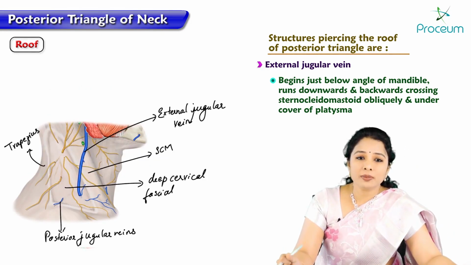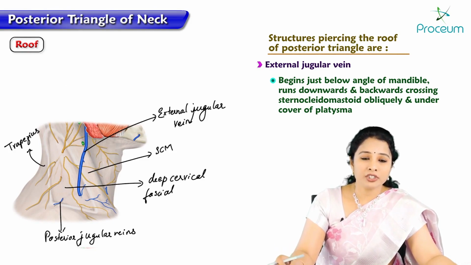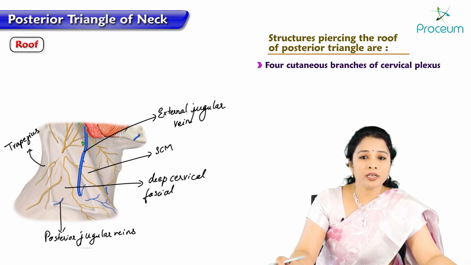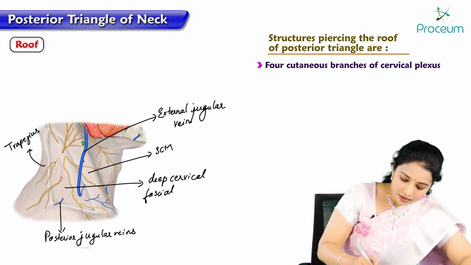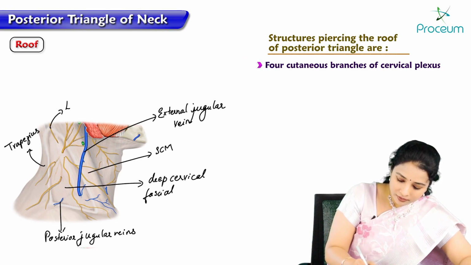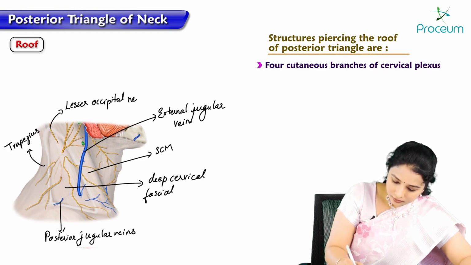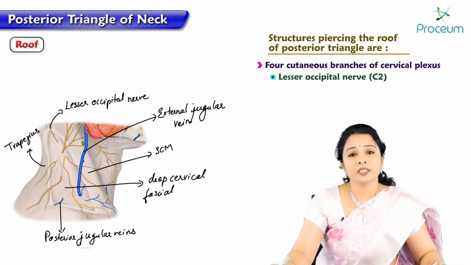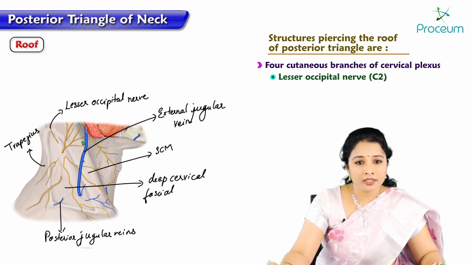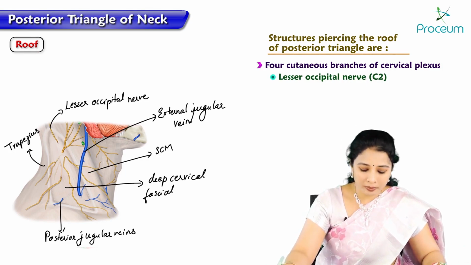Let's see the cutaneous branches which pierce the deep fascia of posterior triangle. The four cutaneous branches of cervical plexus are, first, lesser occipital nerve. Here is the lesser occipital nerve. As we know, they are all the branches of cervical plexus.